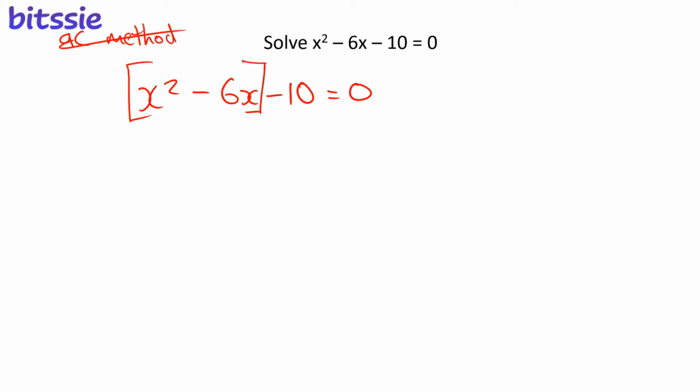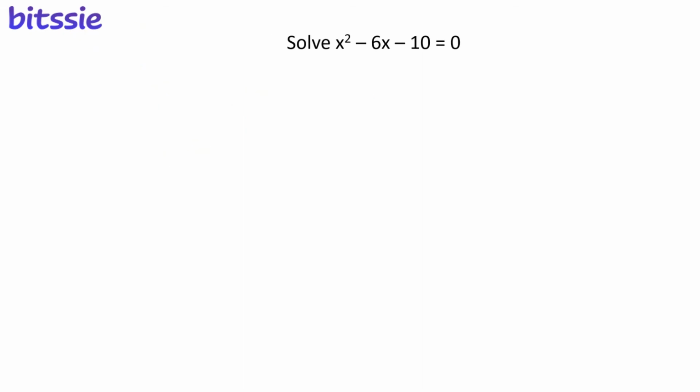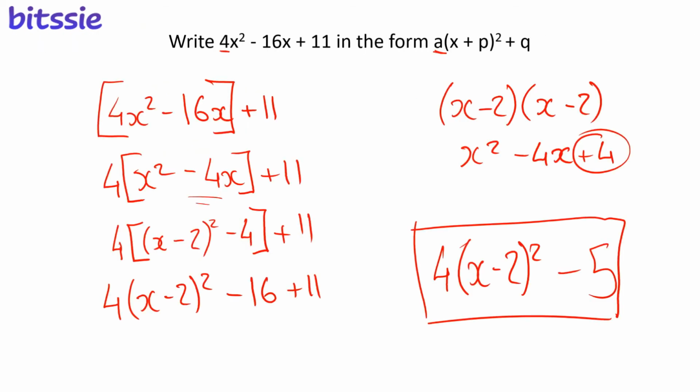Let's use our method. We've got x squared minus 6x, which then gives us x minus 3 all squared. And then, referring back to our previous question, you'll notice that minus 2 times minus 2 gives us plus 4.